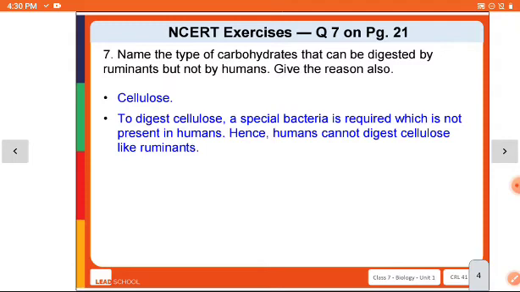So, cellulose is digested by ruminants. To digest cellulose, a special bacteria is required which is not present in humans. Hence, humans cannot digest cellulose like ruminants.